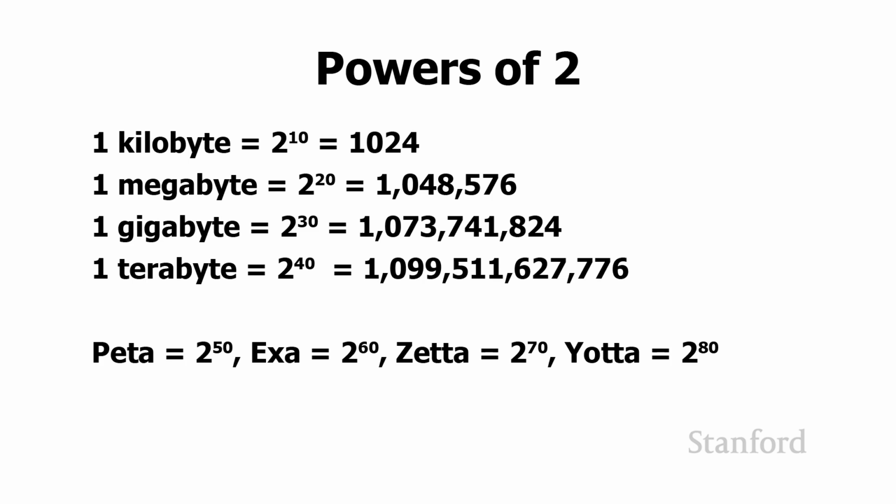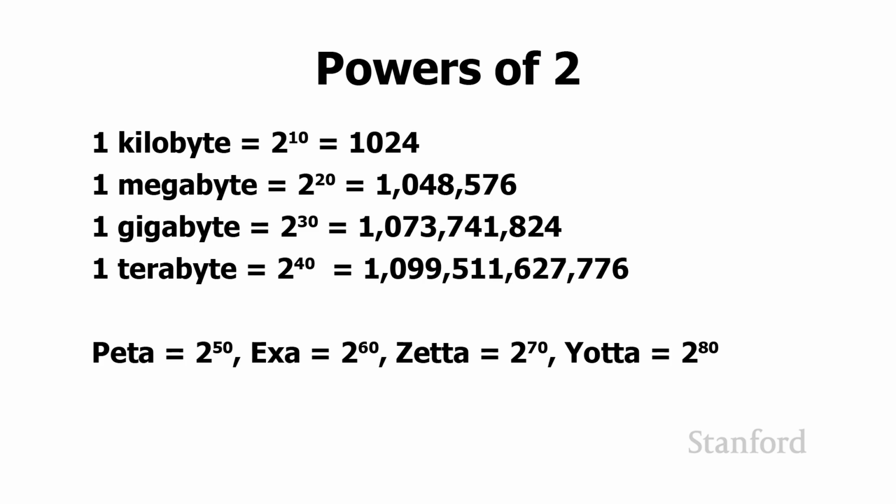So kilobytes, megabytes, gigabytes, and terabytes are the base 2 equivalent. You can see from this table that 2 to the 10th is about 1,000, but it's actually a little bit bigger. And 2 to the 20th, which is a megabyte, is about 1,000,000, but it's actually a little bit bigger. The same is true for gigabytes and terabytes. So the idea is we give you roughly the same amount as 1 billion or 1,000,000 or 1,000, but we want to do it in a power of 2.